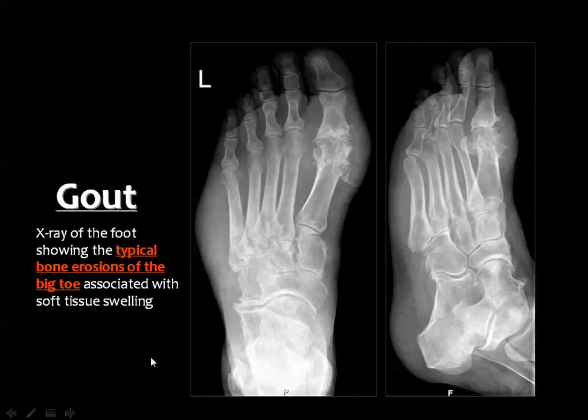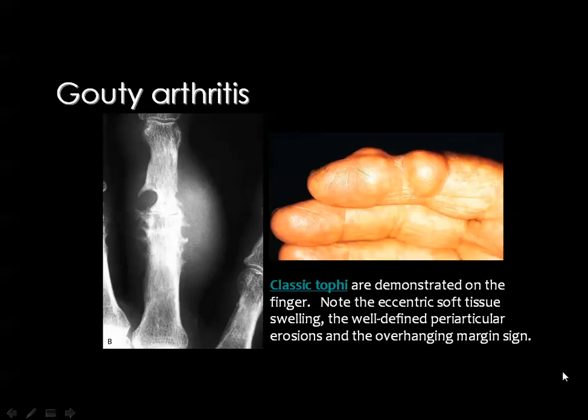and is surrounded by the soft tissue swelling of the tophi. This is also a good example of tophi in the hand. You see this very sharp bone erosion in the base of the phalanx, and other erosions proximal to the joint.